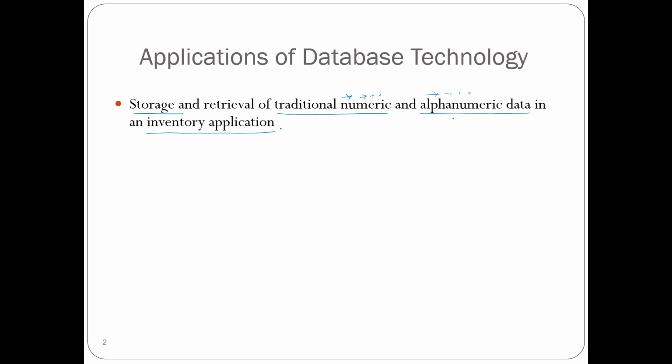For that you can think of the product number, which may have characters as well as numbers. You can think of the product name. You will have the data about the supplier as well. So this is a simpler example of a database application.